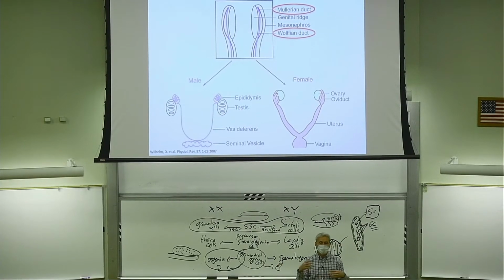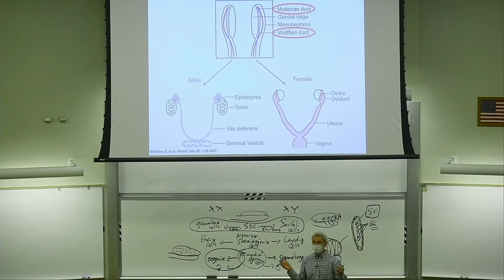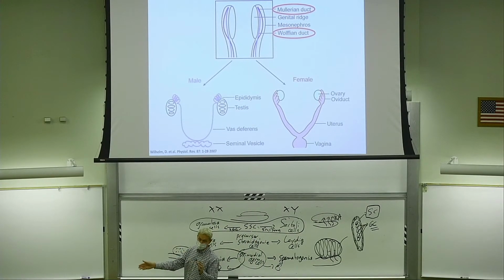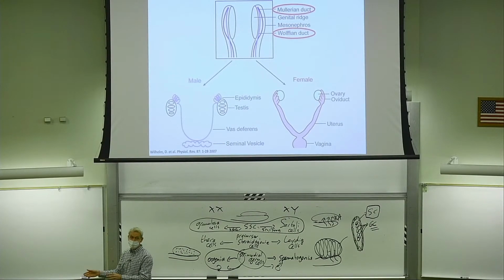This is all just nomenclature, just names. The Wolffian duct develops, the first part is the epididymis, the second part is called the vas deferens, and the last part of the duct gives rise to an accessory sex gland, which is called the seminal vesicle.